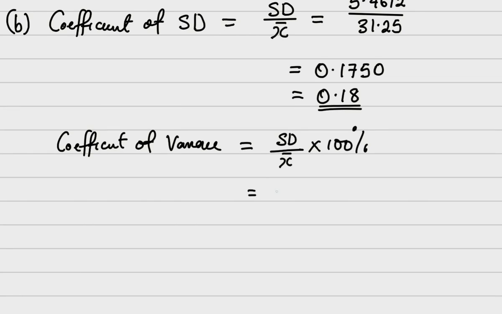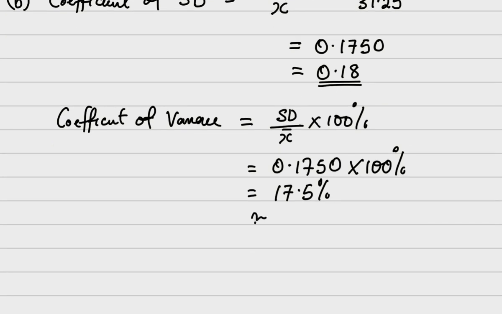Now using the raw value of 0.1750 times 100%. So this will give us 17.5%. All right, or approximately you can say it is 18%.